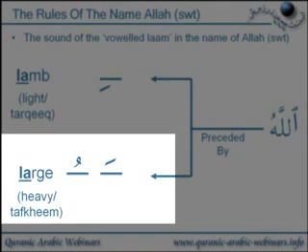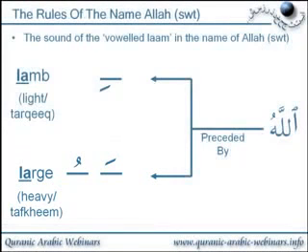If the sound before the name of Allah is either a fatha or a dhamma, then the lam of Allah is going to be pronounced in a heavy fashion, i.e. tafkhim, or full mouth. So the lam sound will now change to la, as in the English word large. So it's a very simple rule.